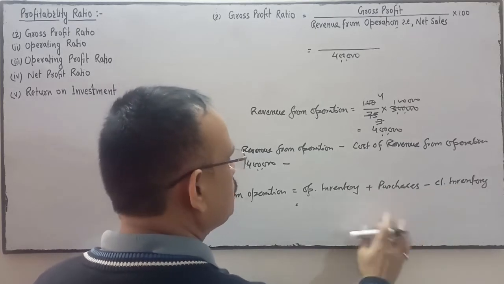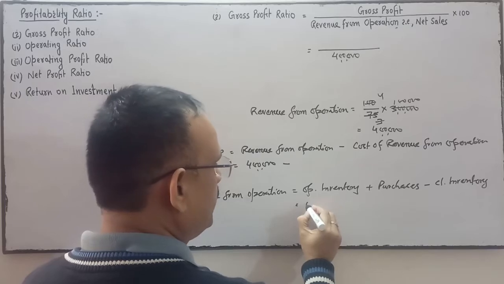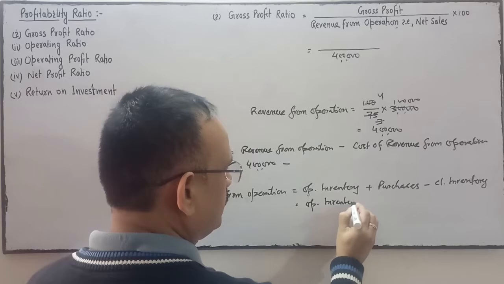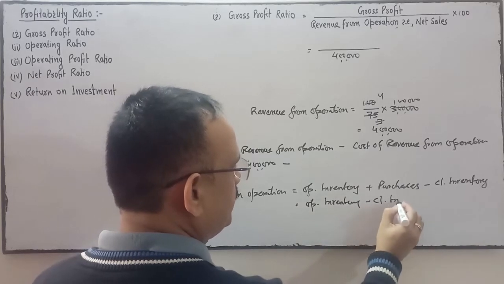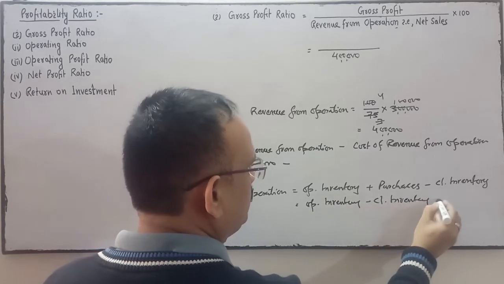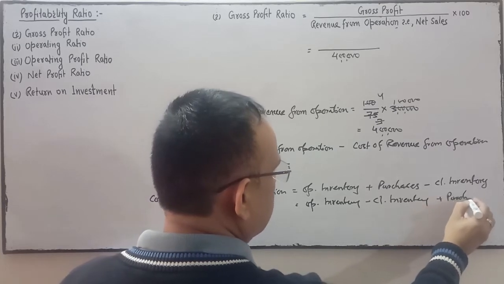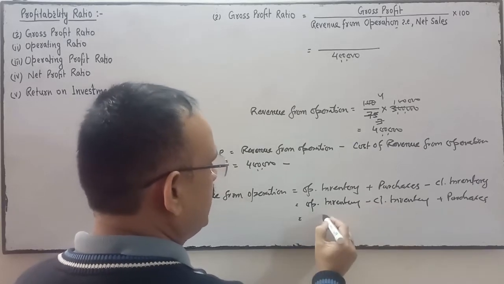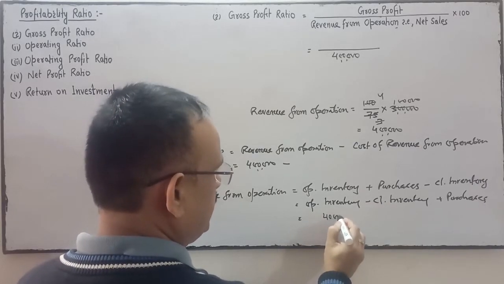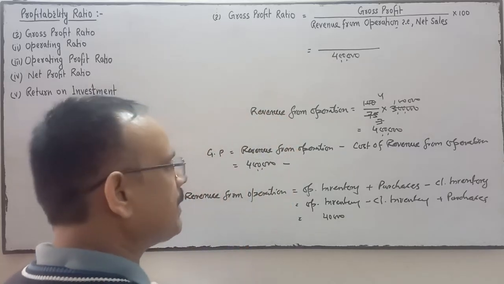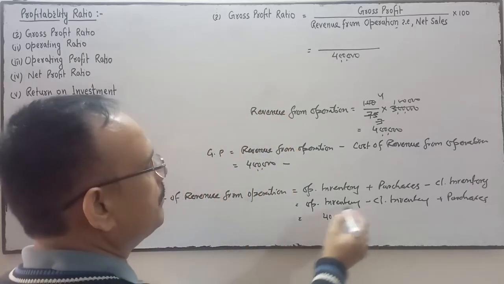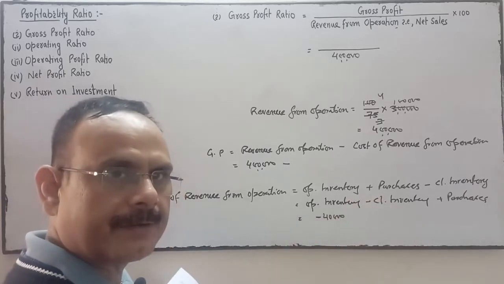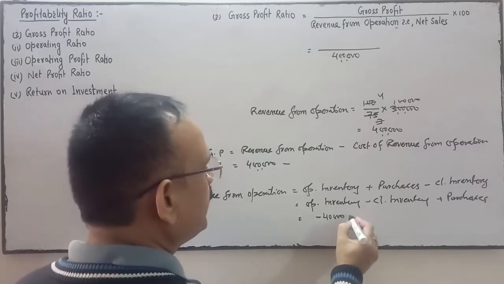So you can write it this way also: opening inventory minus closing inventory plus purchase. After comparison it is minus 40,000. Closing is more than opening inventory.